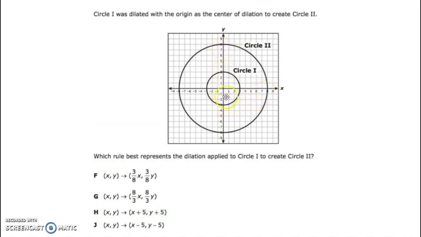Or you can take this point, which is 8 and 0. And divide it by the old point, which is 3 and 0 here, or 0, 3 here. Which one looks like that? Which is in that format? The answer is G, 8 over 3. And it doesn't matter which one you use.